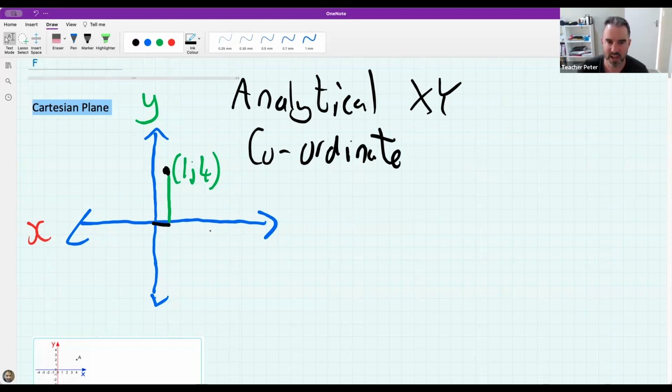So give me a thumbs up if you've seen this coordinate grid before, you feel fairly comfortable using it, or give me a score out of 10, like 10 if you feel very comfortable using a grid, 0 if you don't feel comfortable, 5 if you're somewhere in the middle, because our geometry is going to go down on this space.